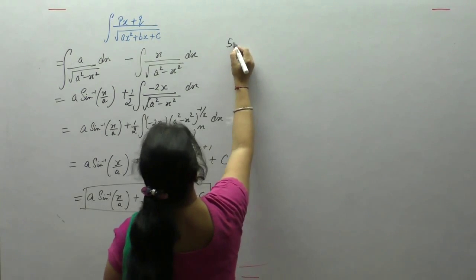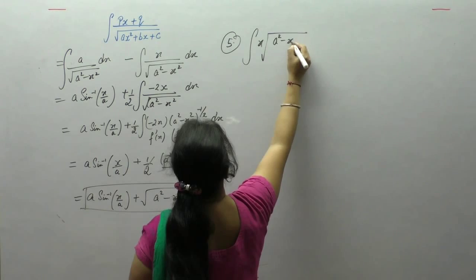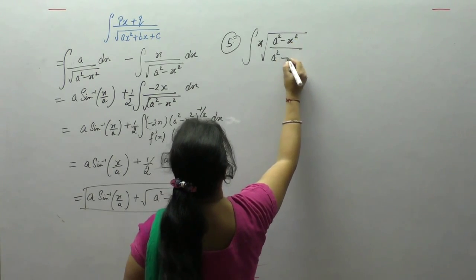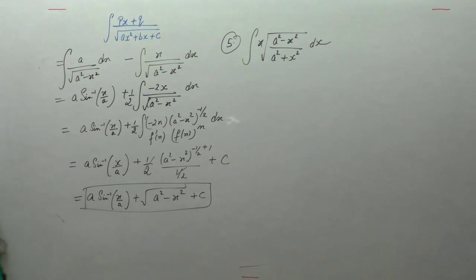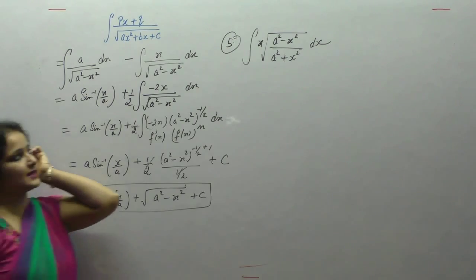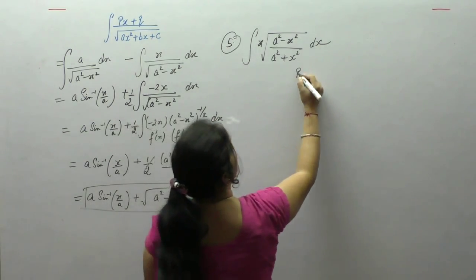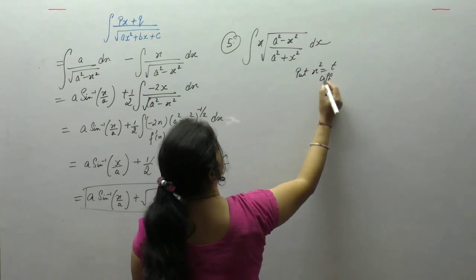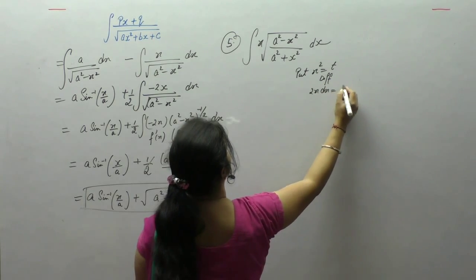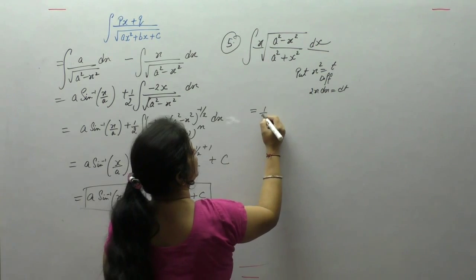Now the next one is integral of x into square root of (a square minus x square) upon (a square plus x square) dx. First we put x square as t because we have the derivative of x square here, 2x dx is dt, so x dx is dt upon 2.